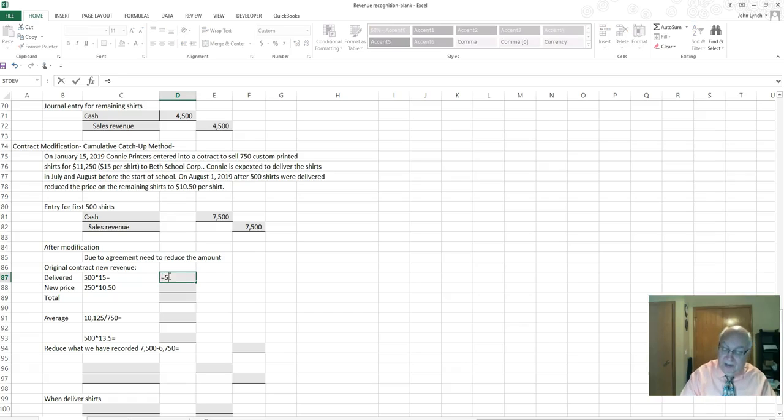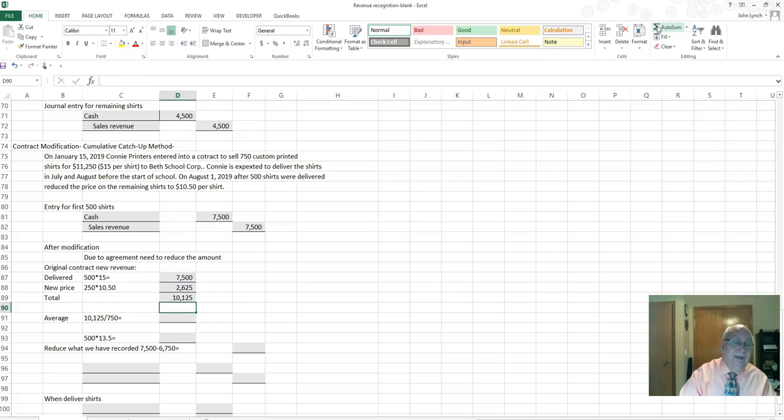So we have equal 500 times the 15, so we've done the 7,500 like we did above. The new price is 250 times 10.50, for a total of $10,125.